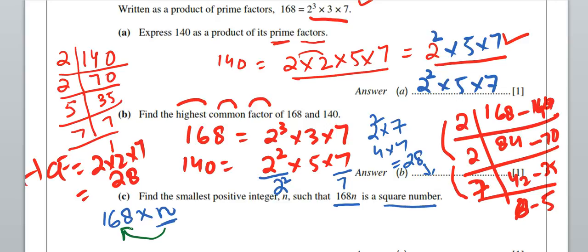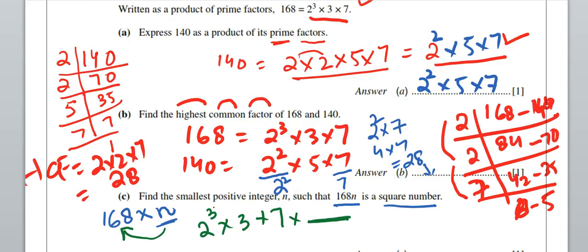So we have the factors of 168 that we have made here: 2 raised to the power 3 multiplied by 3 multiplied by 7, and we have to add some number here such that by the addition of that number, these factors of 168 become square.